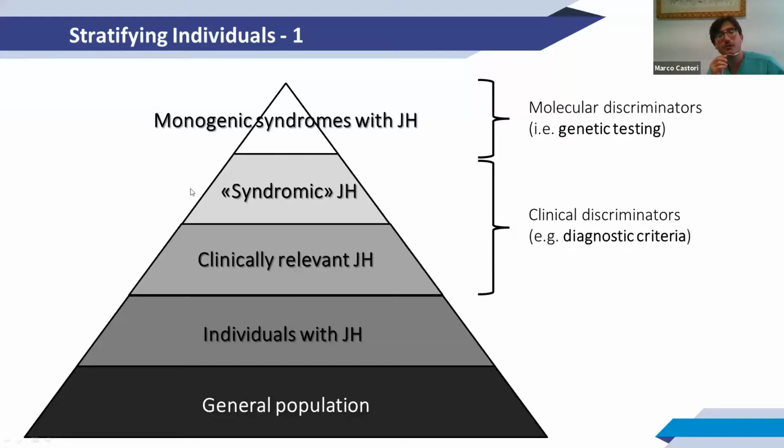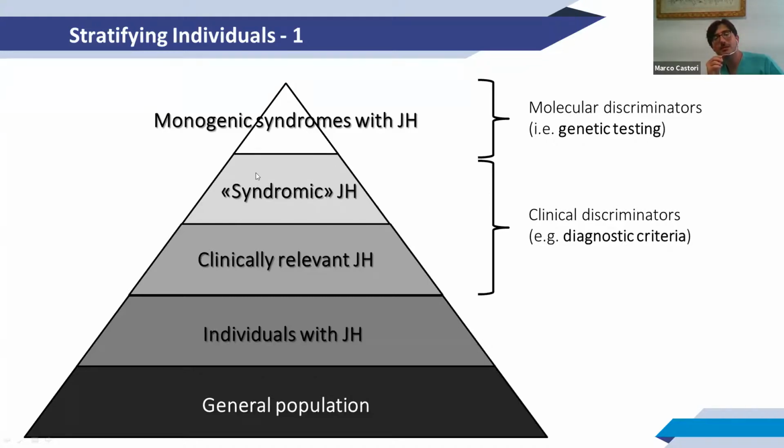But not all individuals with syndromic joint hypermobility present a recognizable and therefore testable monogenic syndrome with joint hypermobility. Anyway, clinical discriminators such as the diagnostic criteria, or in broad terms, the concept of hypermobility spectrum disorders, could help you in discriminating between clinically relevant joint hypermobility and syndromic joint hypermobility.